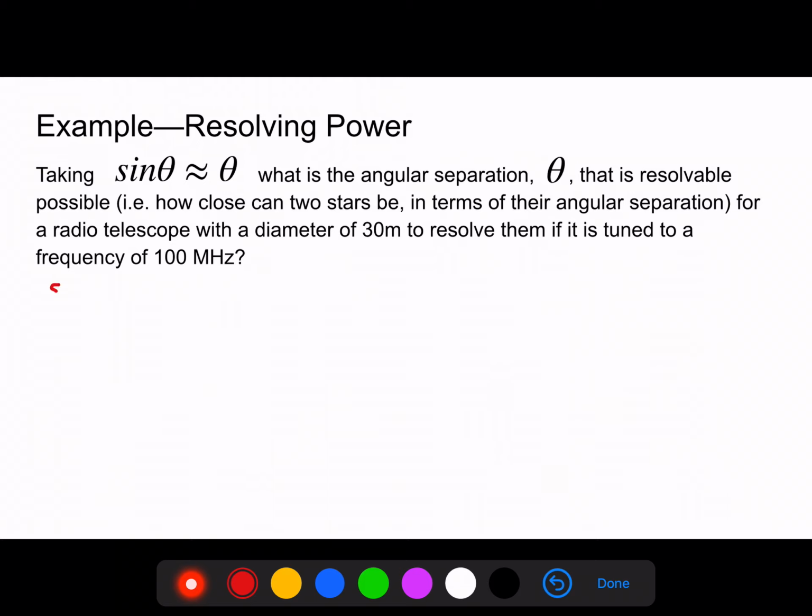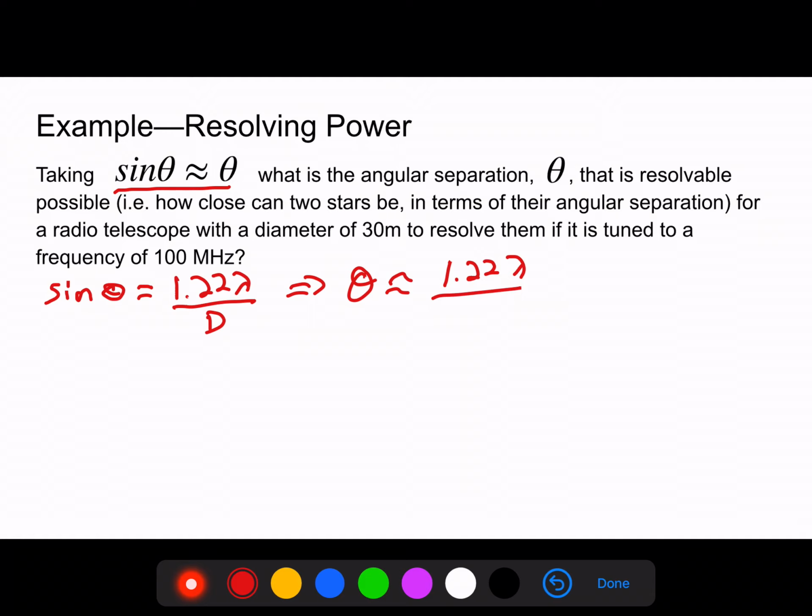So given this equation on the previous slide, we're going to make the approximation here that sine of theta is approximately theta. So theta is going to equal approximately 1.22 lambda over d. I've been given the diameter here, but I have not been given the wavelength. I've been given the frequency.